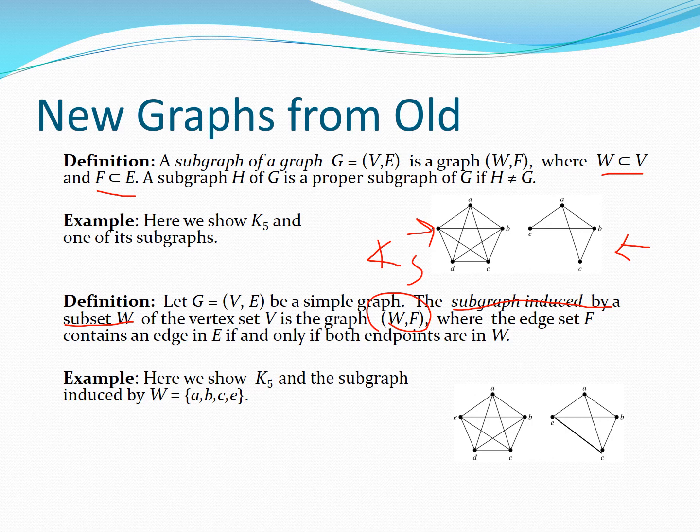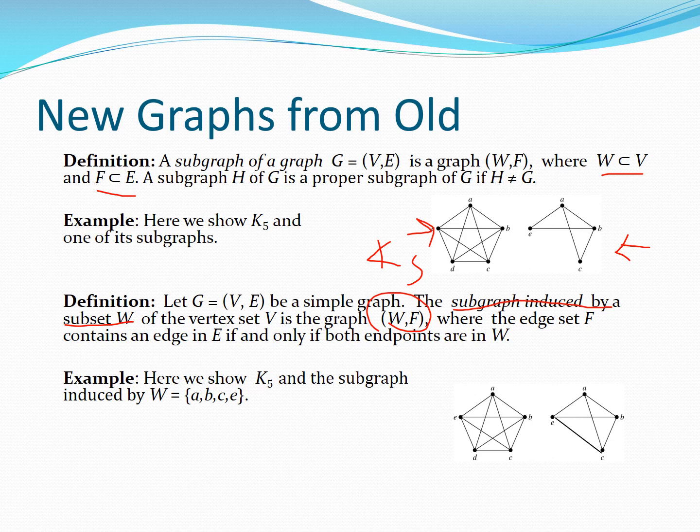So let's say we selected A, B, C, and E as the vertices to get the induced subgraph. Then it should have all the edges between these selected vertices also present in the induced subgraph. In here you see that there is also an edge between C and E, which was not present in the previous example.